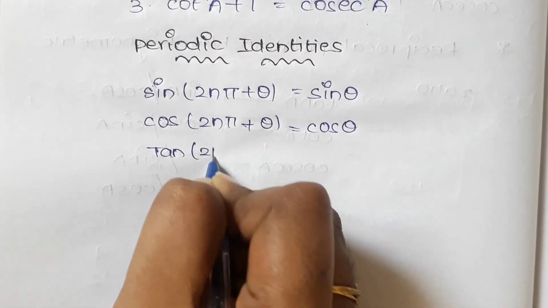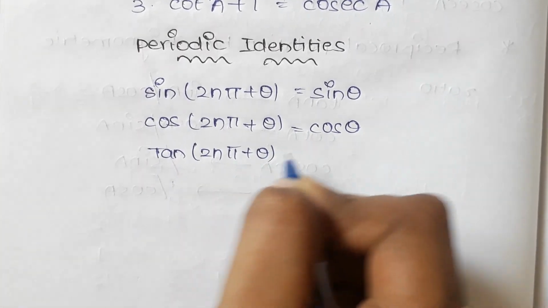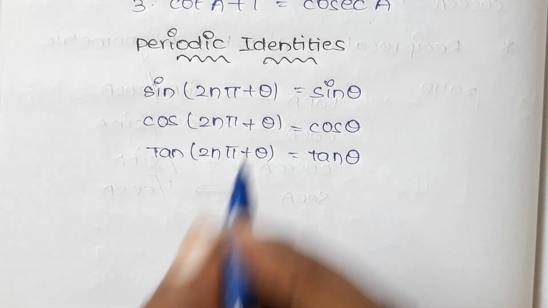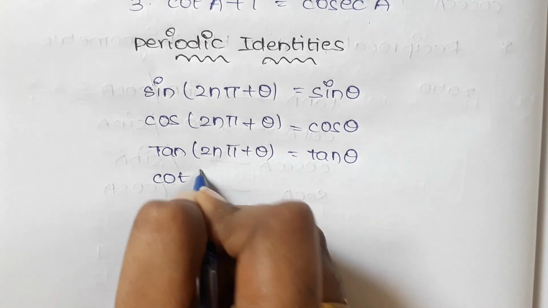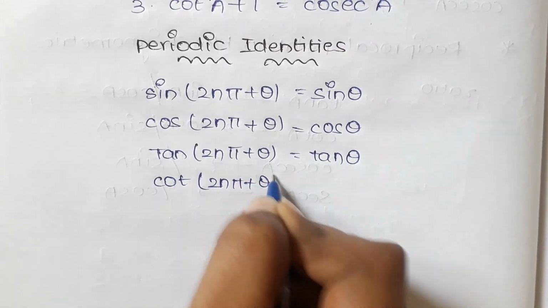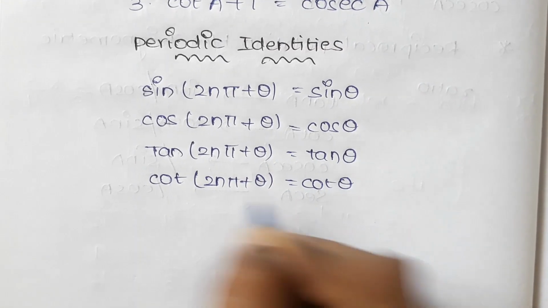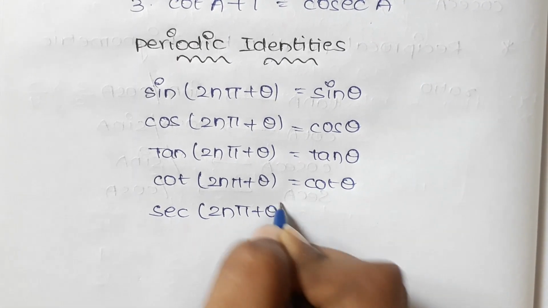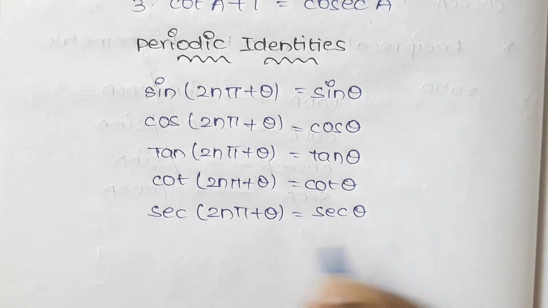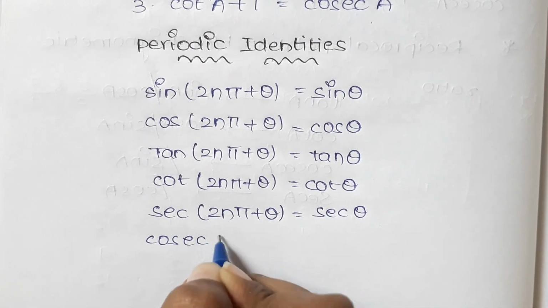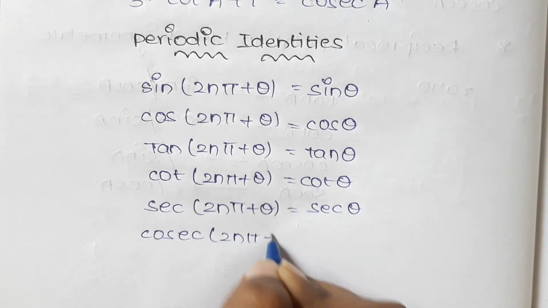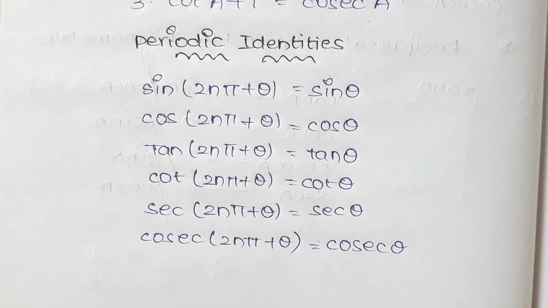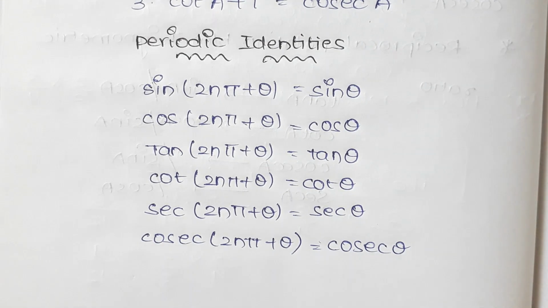Tan of 2n pi plus theta is tan theta, and similarly for all of them. Cot of 2n pi plus theta is cot theta, secant of 2n pi plus theta is secant theta, and finally cosecant of 2n pi plus theta is cosecant theta. These are the periodic identities.